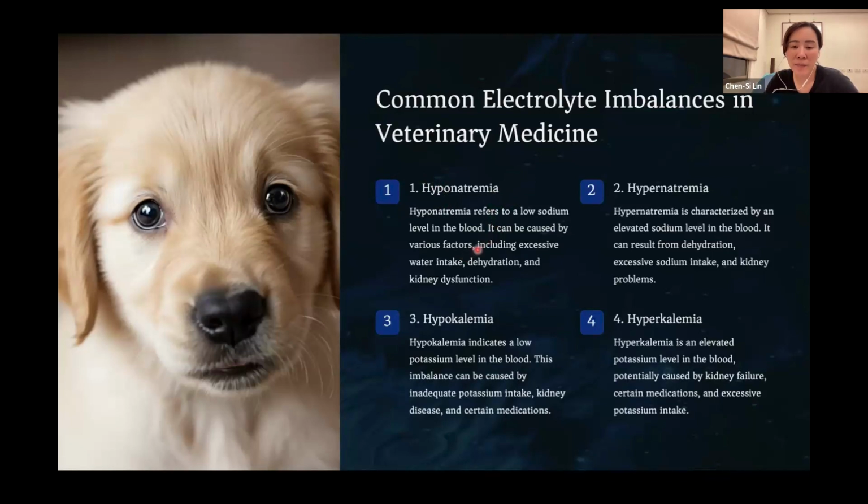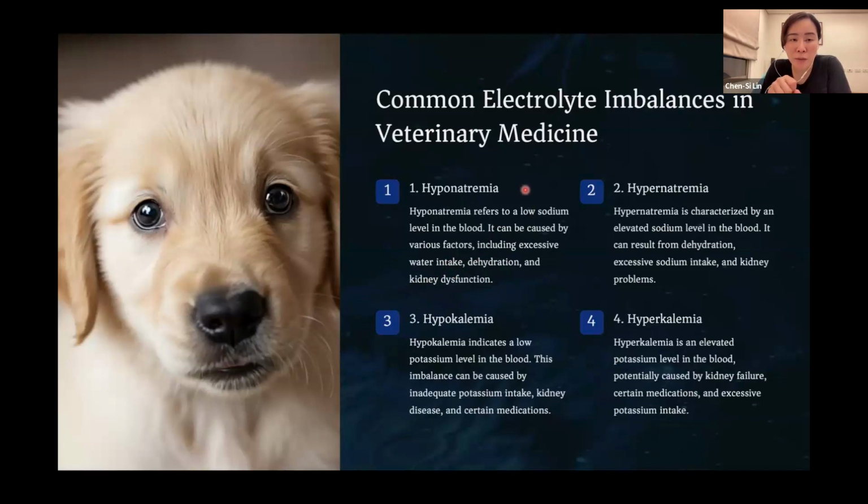Actually, in most cases, it results from excessive water intake or kidney dysfunction. So if the animal takes in too much water, or has some problems with the kidney, we may find hyponatremia, meaning lower sodium concentration within the blood.